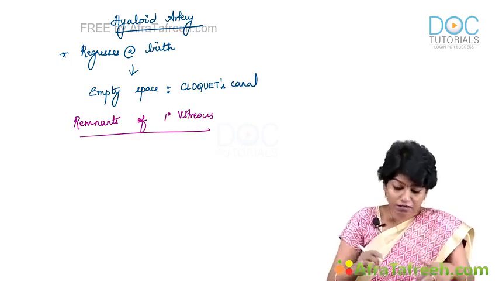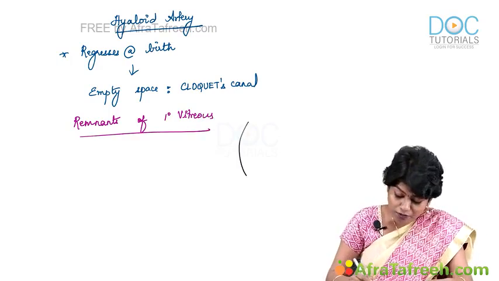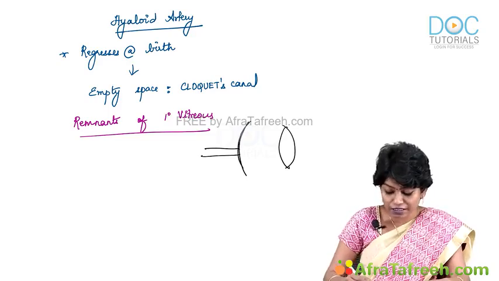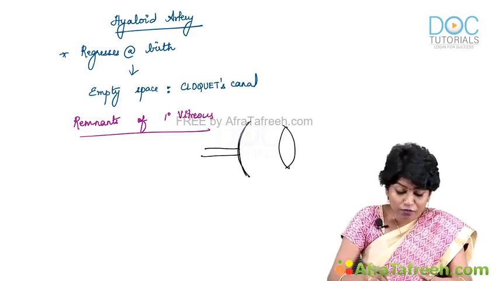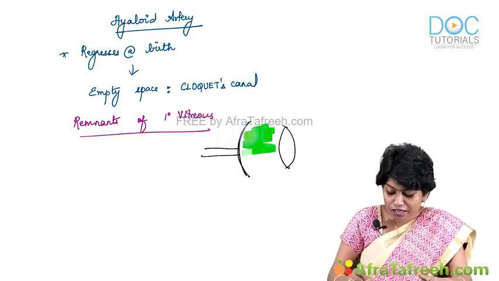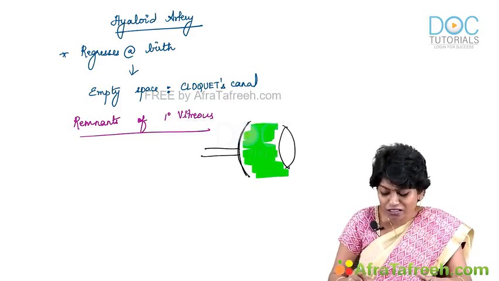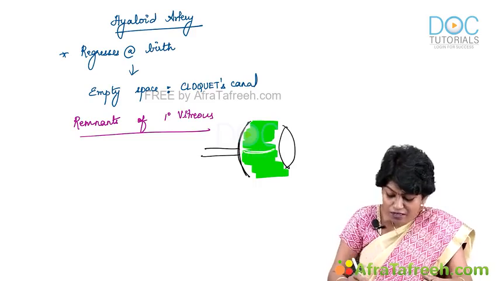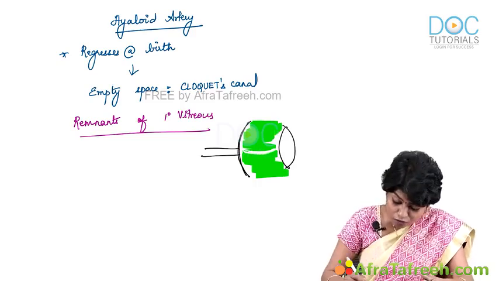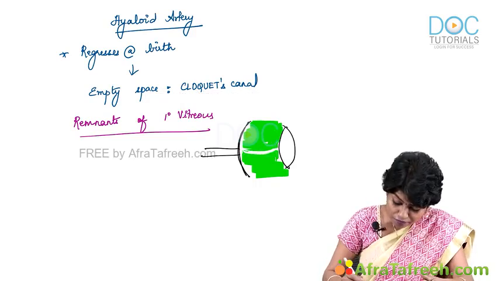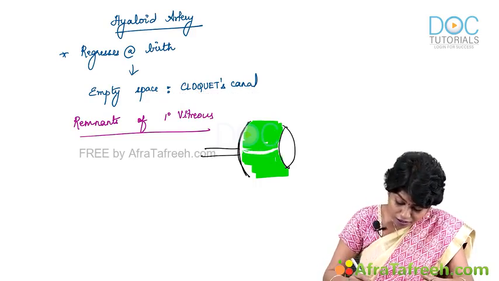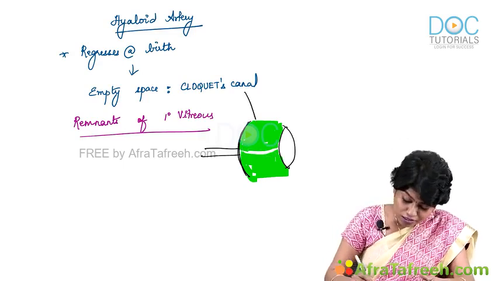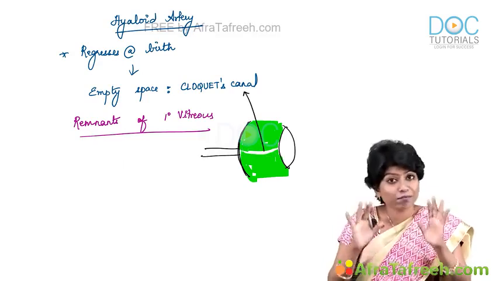If you see in the center of the vitreous, there will be an empty space. That is the lens, this is the retina with the optic nerve, and in between you have the vitreous. If you see in a cadaver, not in a normal patient, you will see an empty space in this region which represents Cloquet's canal.